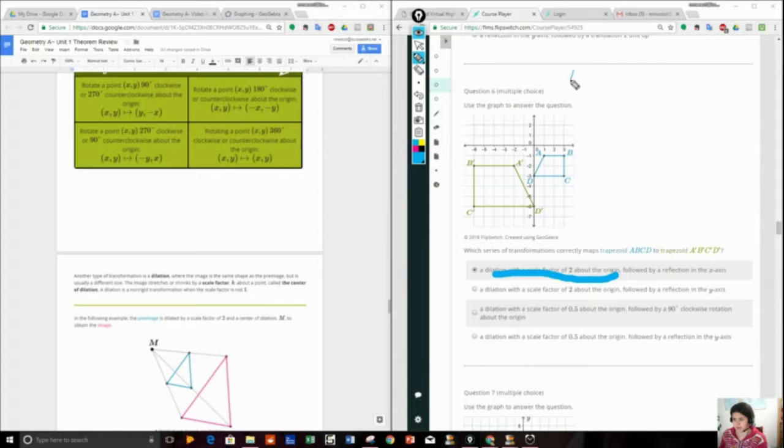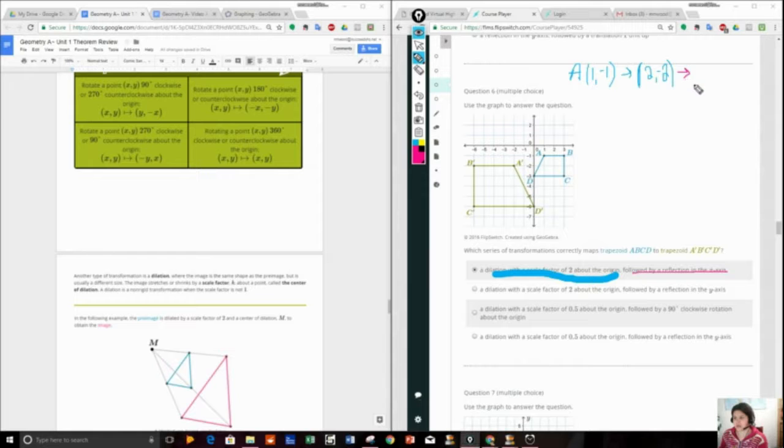So point A has the coordinates 1, -1. If it were to have a dilation of a scale factor of 2, we multiply each coordinate by the scale factor. So I'm going to take 1 and multiply it by 2. 1 times 2 is 2, and negative 1 times 2 is negative 2. And there's our dilation, and then it says followed by a reflection in the x-axis.